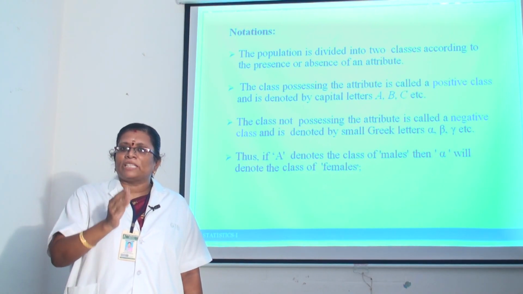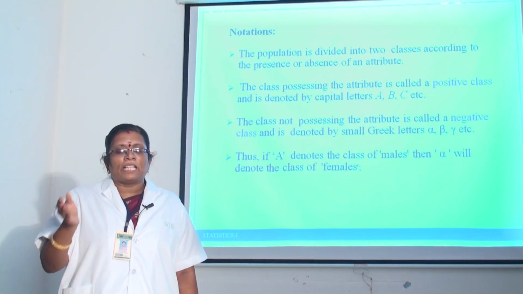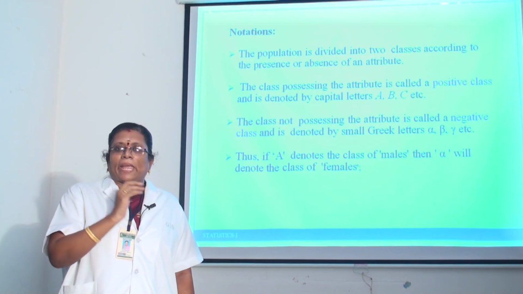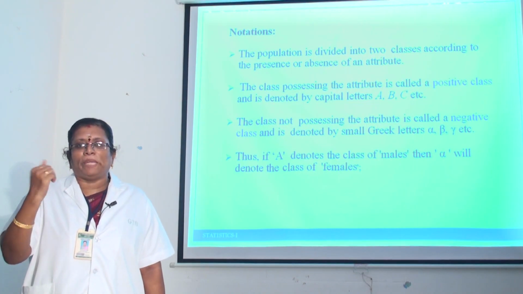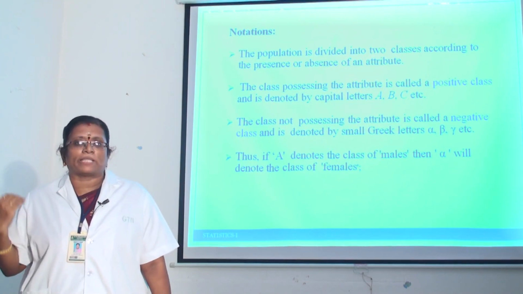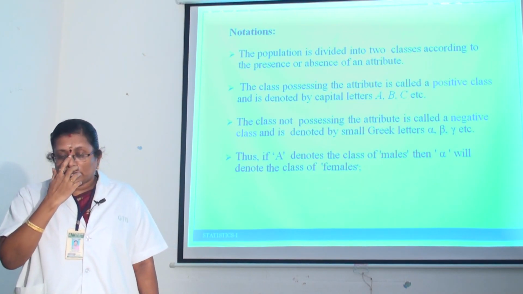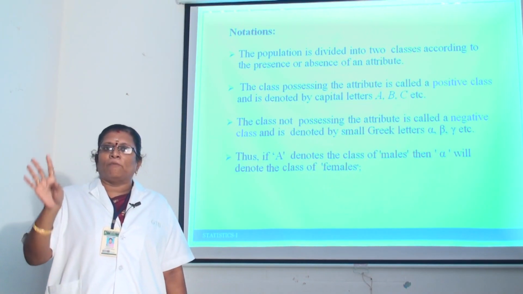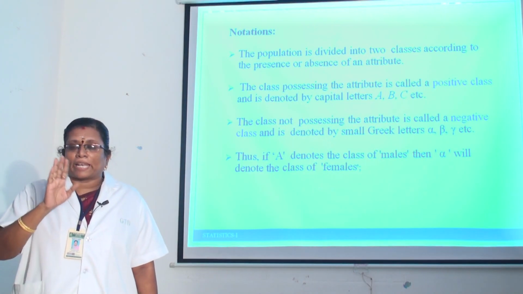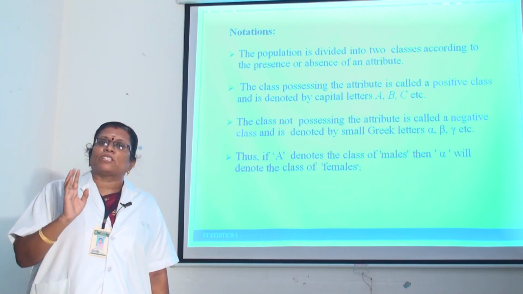Suppose wealth is taken as attribute A, and health is taken as attribute B. There will be four possibilities, no? A person can have health, and at the same time he may be wealthy. He can possess wealth and his health is also good.